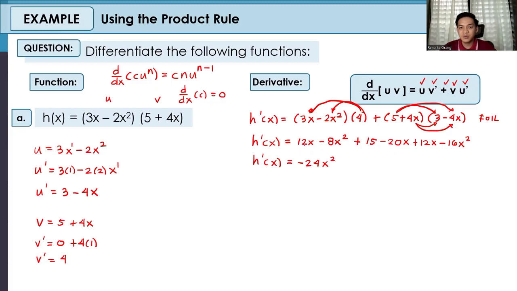So proceed tayo, 12x minus 20x is negative 8x. Plus 12x, that is positive 4x. Lagyan natin plus 4x. Next is yung ating constant plus 15. So, copy-paste natin plus 15. By observation, this one cannot be simplified ulit. So, this will be our final answer.